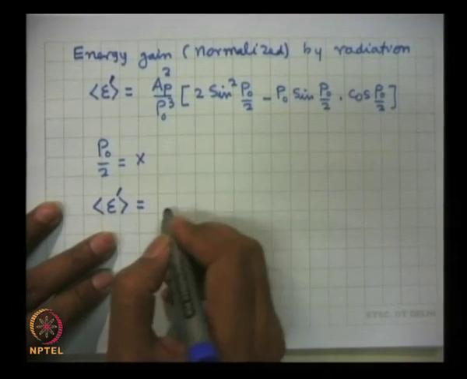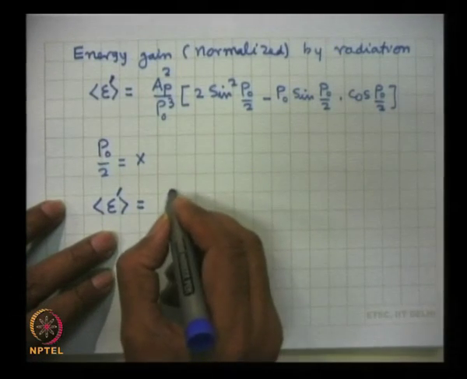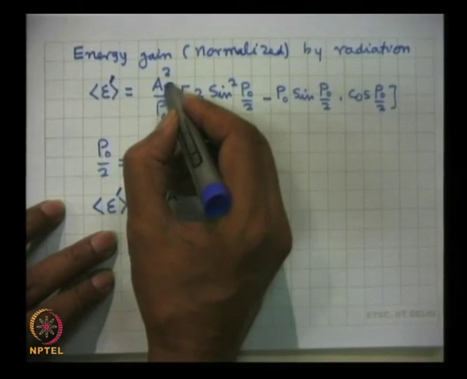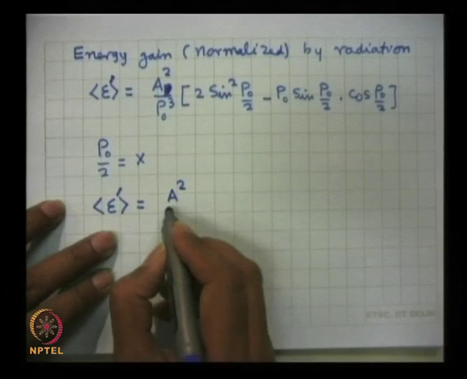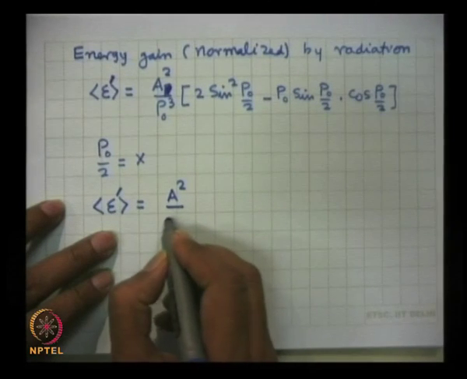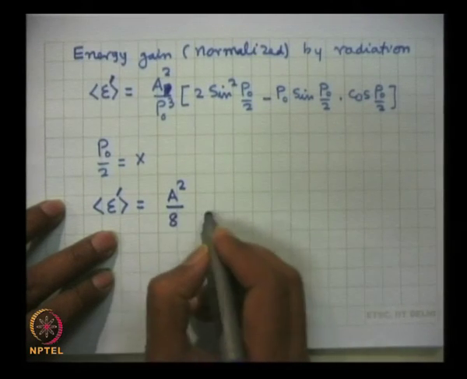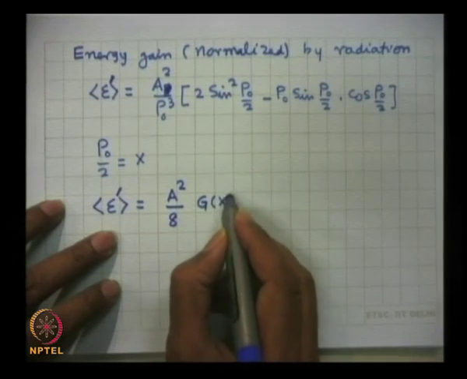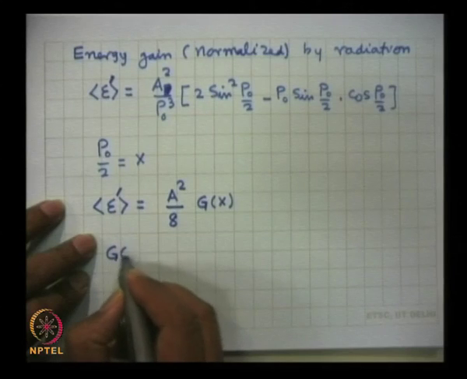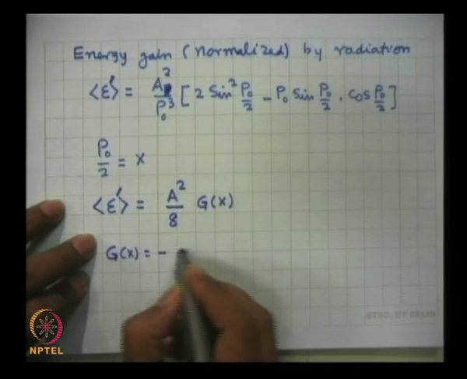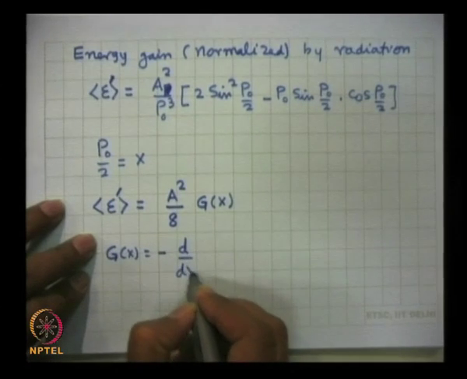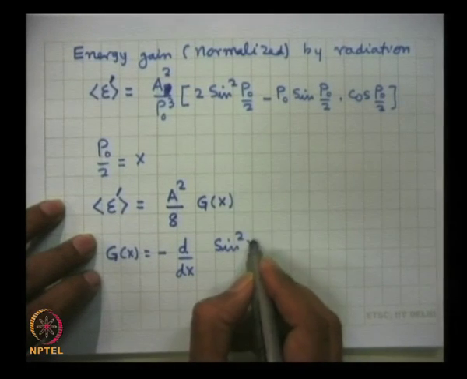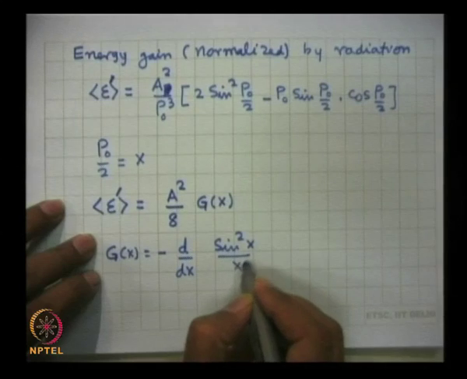And this turns out to be equal to A square, well by mistake I have put AP, this is simply A, the amplitude, square by 8 into g of function x, where g of x is minus d dx of sine square x upon x square.